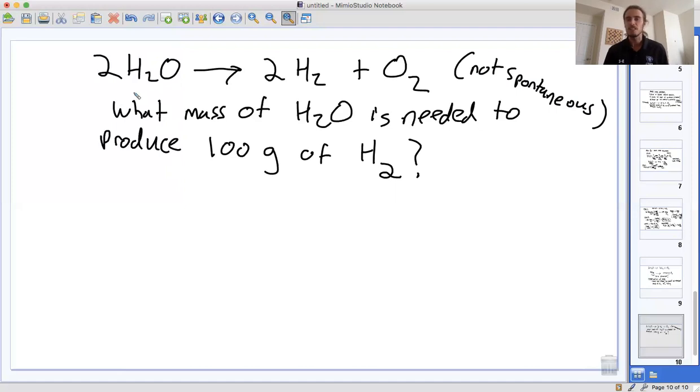It takes energy to do this. You've got to pay an energetic penalty to get this reaction to occur. And you guys kind of know this because if you have a glass of water, it doesn't just break apart into hydrogen and oxygen in front of you. You really need to do something to the water to cause this reaction to happen.